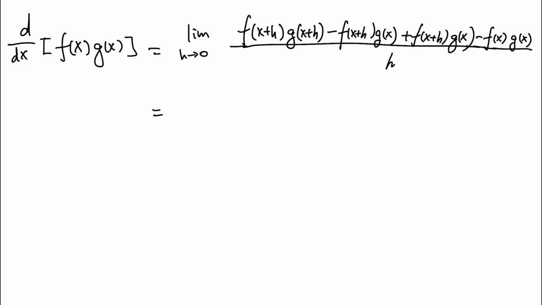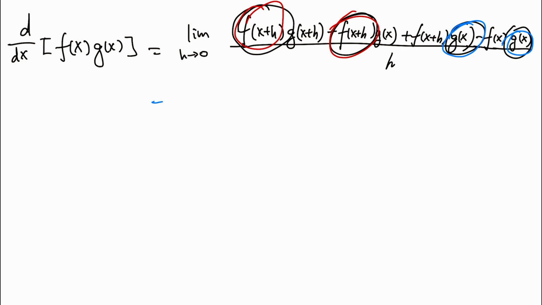And if we have that, then we can do the limit as h approaches 0 of this whole thing. This and this have a common factor, and this also has a common factor.